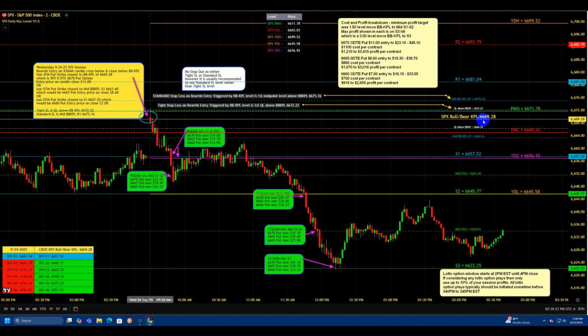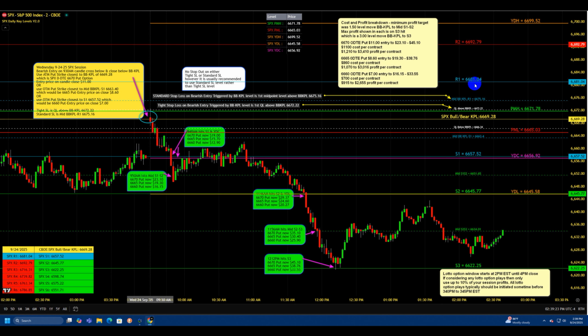For today's session, it is 6669.28. So what this level means is this is the most important bull bear pivot for today's trading session. So it is bearish below and bullish above.